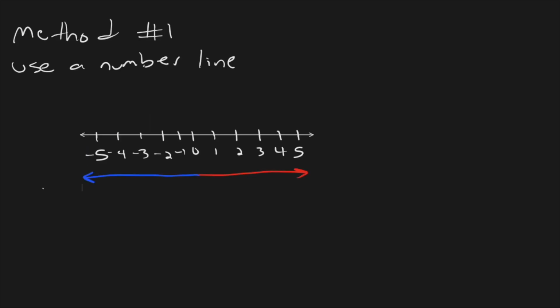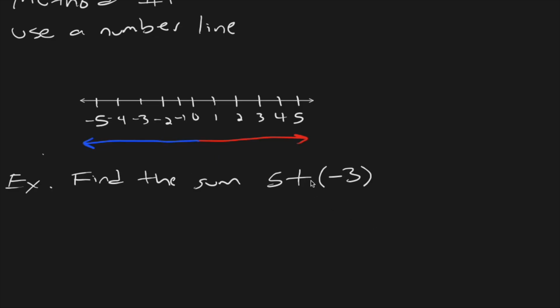So why don't we try an example, and we'll use our number line that we just created. Find the sum 5 plus negative 3.